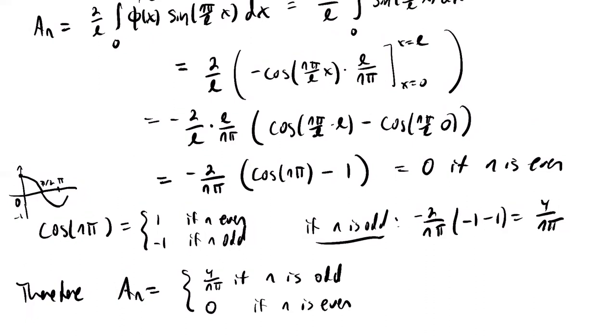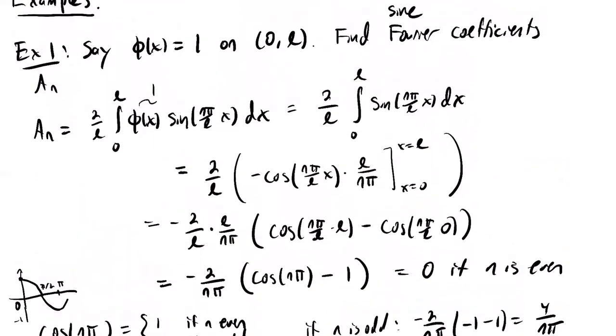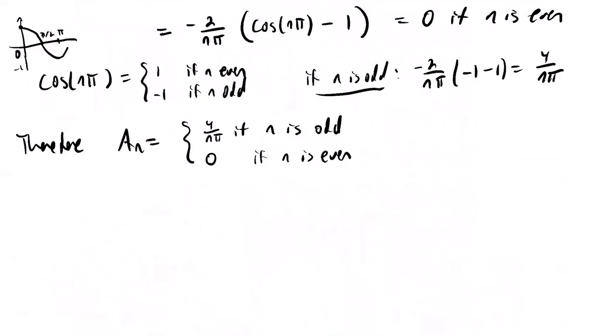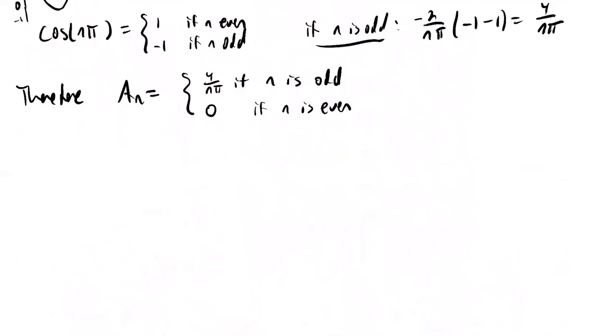Right, so for this particular function, the sine Fourier coefficients are 0 unless n is odd. And so that's the answer, right? These are the sine Fourier coefficients for 1 on 0 to L. One interesting point is that it doesn't depend on L, which is not always going to be the case.